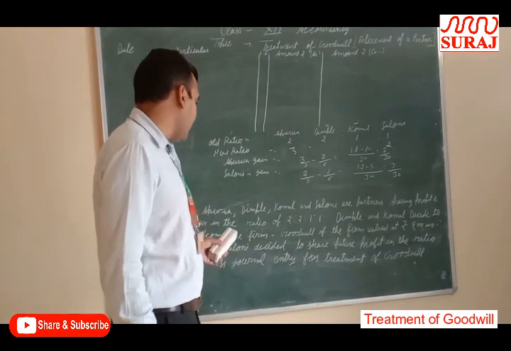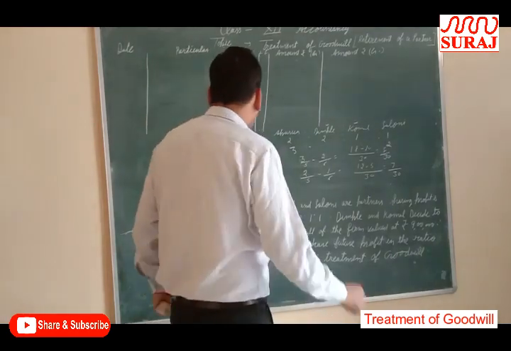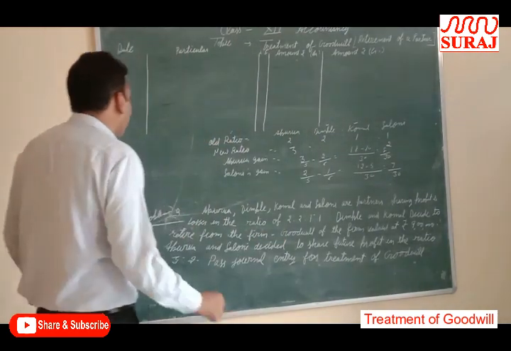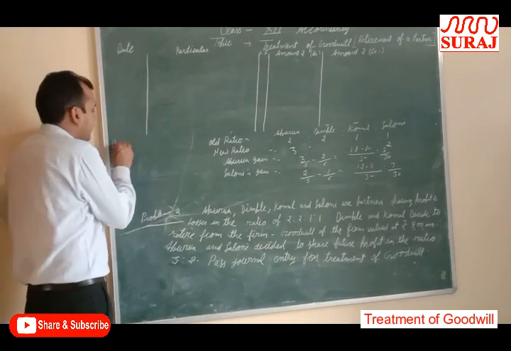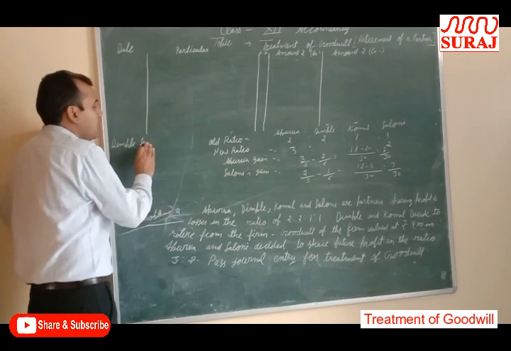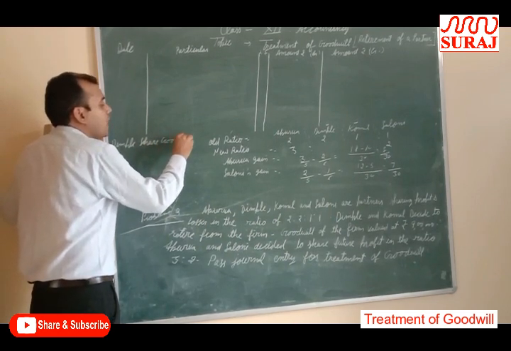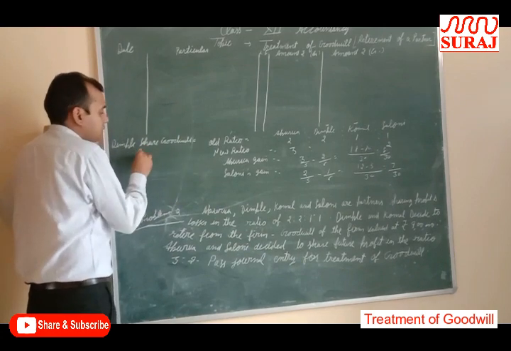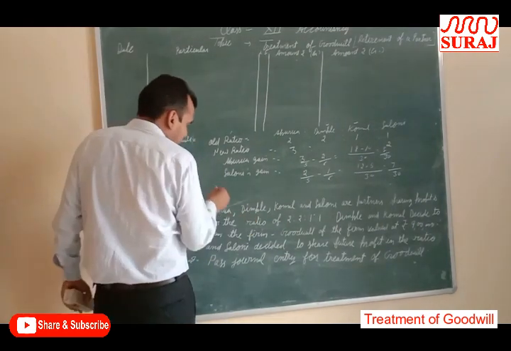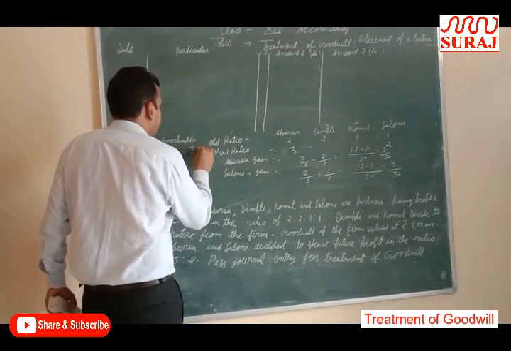Now we will calculate the share of Dimple and Komal in the valued goodwill. Valued goodwill is 9 lakh. First of all, Dimple's share of goodwill: firm goodwill 9 lakh, Dimple's share 2/6, result 3 lakh.